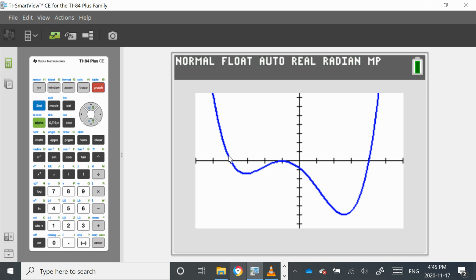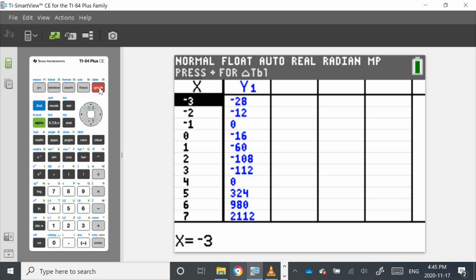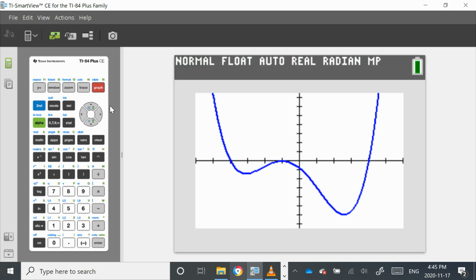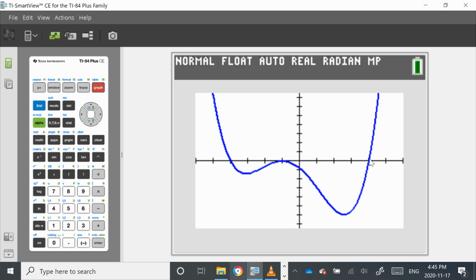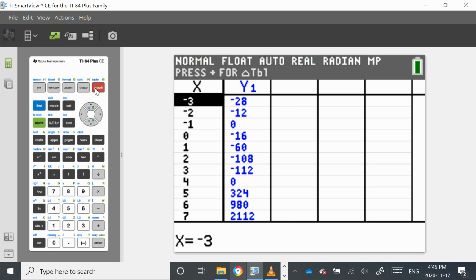And let's figure out what the zeros are. So on your calculator, go to second function table. And looking at the graph, first of all, there should be 1, 2, 3 zeros. So there should be 3 zeros. Second function table, there should be 3 of them.